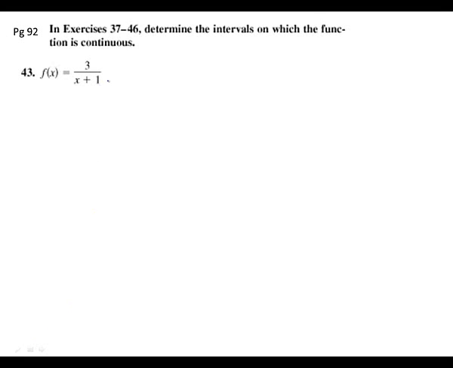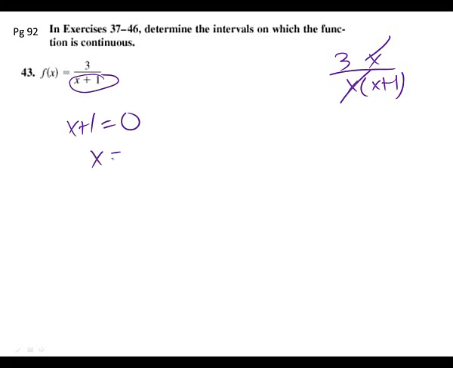What do we know? Remember there were 2 things we learned last year. If something cancels, it's a hole, right? So if I had something like 3x times x plus 1, if this canceled, there'd be a hole at x equals 0. When it's left in the denominator, what is it? It's an asymptote, a vertical asymptote, right? So I take this and I set it equal to what? 0. Good. So x equals -1 is a vertical asymptote.